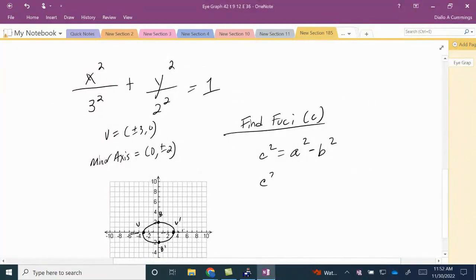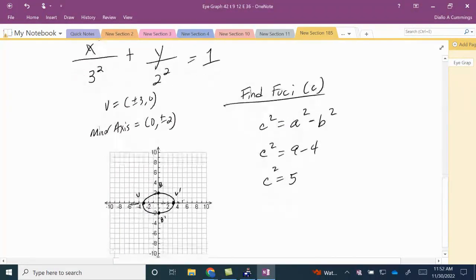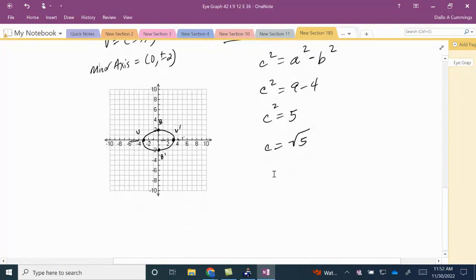So c squared is equal to 9 minus 4, which is 5. We're going to take the square root, so c is equal to the square root of 5. If we decimalize the square root of 5, we have approximately 2.24.